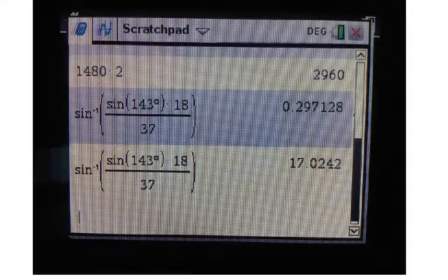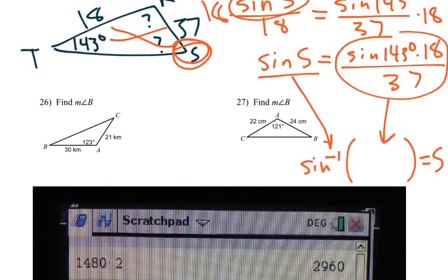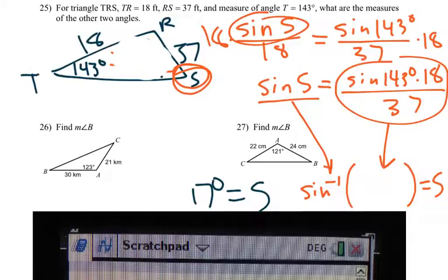So here's a picture. Notice first this was radians, RAD, so I had to change it to degrees, because when I did it as radians, even though I used that degree symbol, it spit it out to me in radians. And see how I typed it in just like I saw it. I used the inverse sine of that fraction, and then it spits it out as 17.02. We'll just call it 17. So 17 degrees is my angle, so this angle here is 17 degrees.